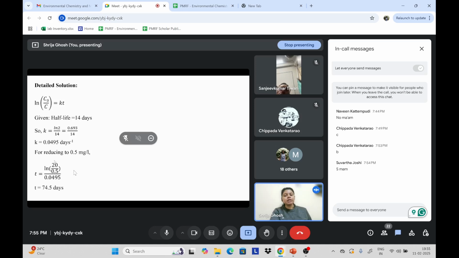So time taken for the 2,4-D to get degraded from 20 mg per liter to 0.5 mg per liter. That is 20 is the initial concentration and 0.5 is the final concentration. So this will be divided by the rate constant, that is 0.0495, and once you calculate the whole thing, you will get the answer as 74.5 days.